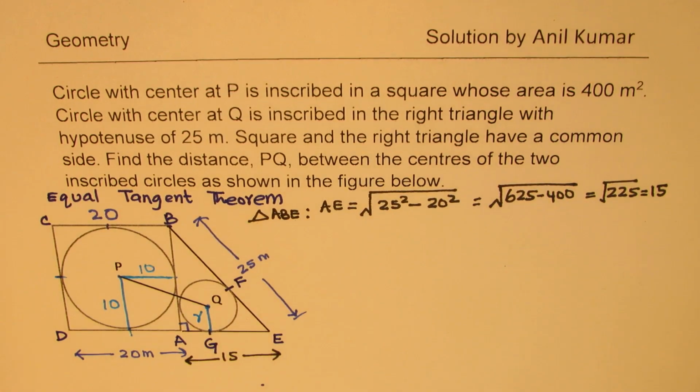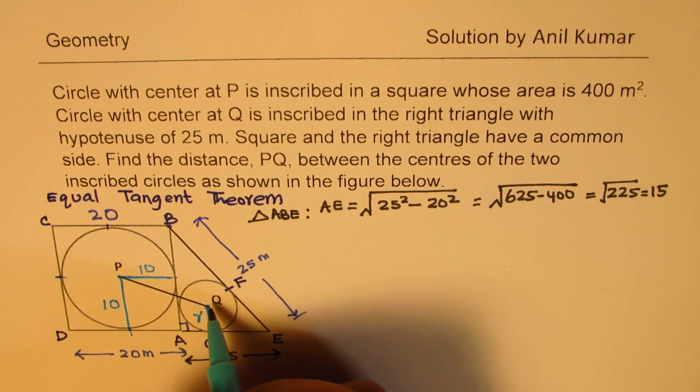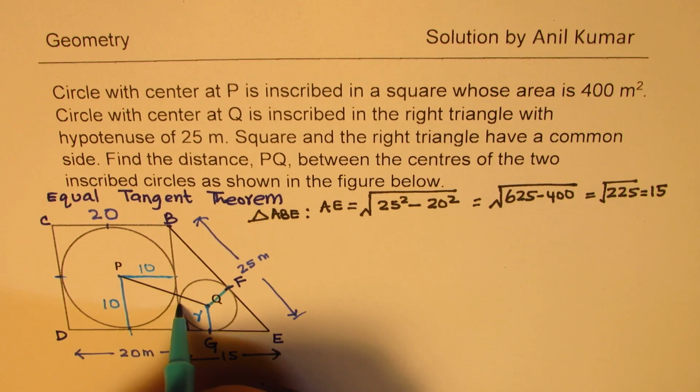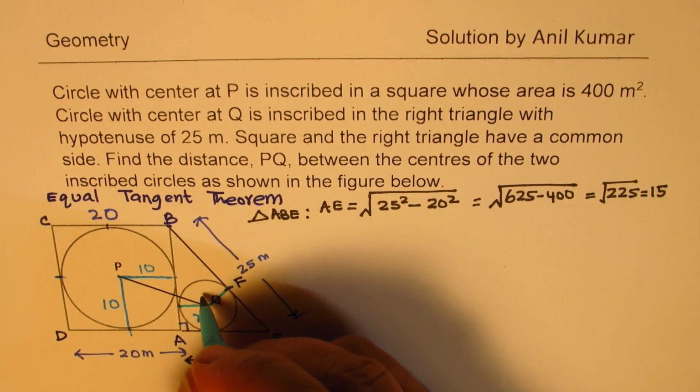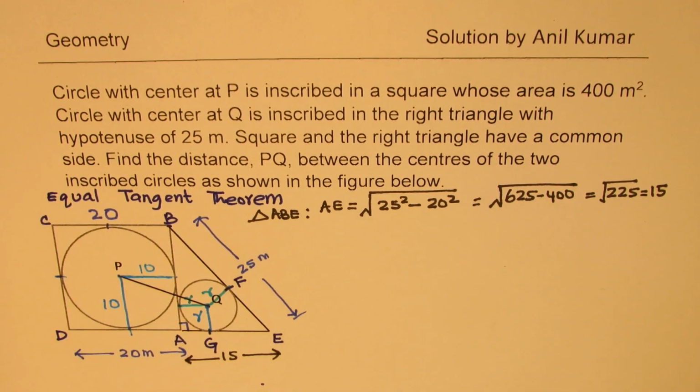Now, if this is R, then let's look into that position, right? These are also R, correct? Now, what you notice here is that from a point, we can consider 2 points.